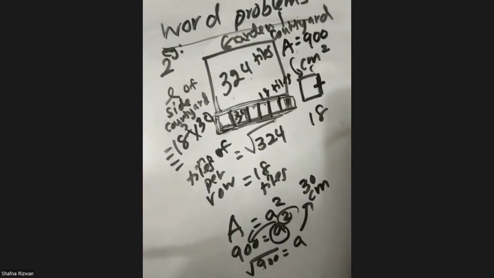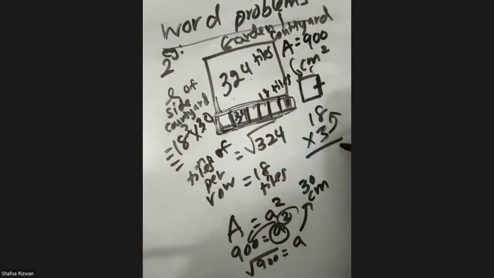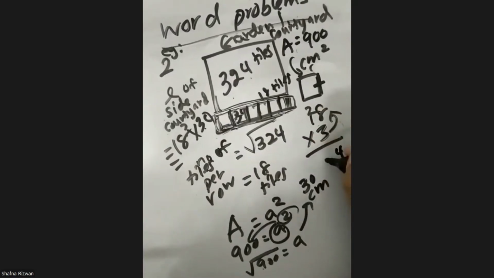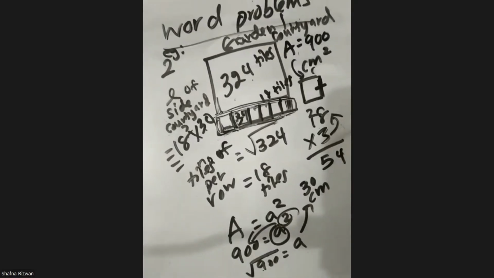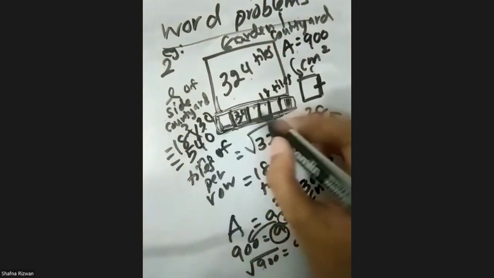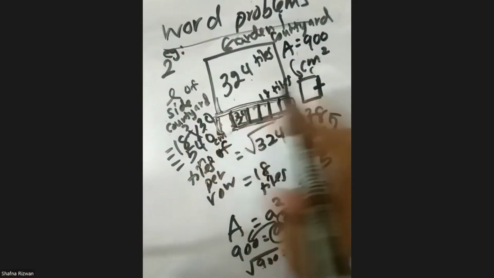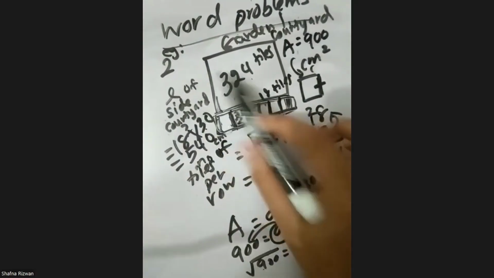Let's take 18 multiplied by 3 first of all, and put 0 below. 8 into 3 is how much? 24. 2, 3 into 1 is 3 plus 2 is 5. Okay, so how much are you getting? 54, but 0 is balance, so 540 centimeter will be your length of a side of a courtyard.